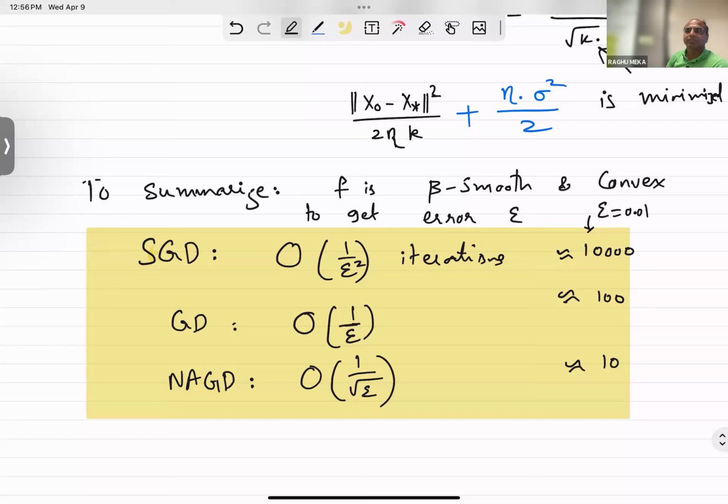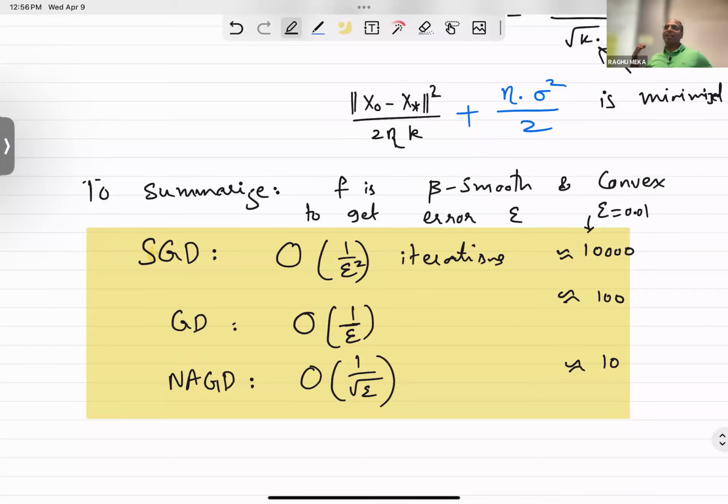Standard gradient descent. Yes. Faster, you mean than stochastic gradient descent? Oh yes, it can be faster than SGD for sure. It depends on the overhead, right?